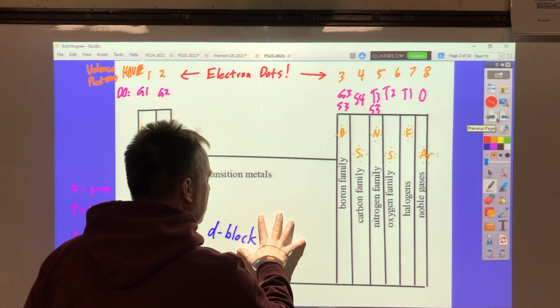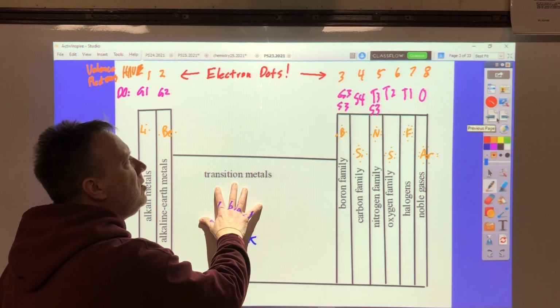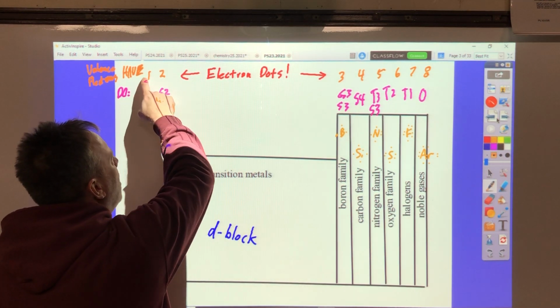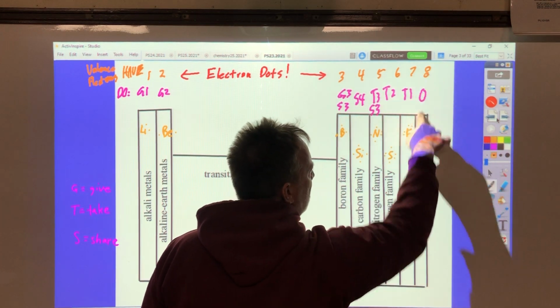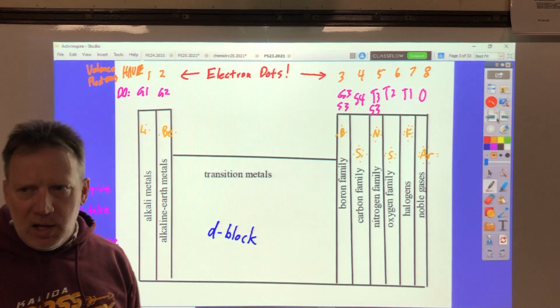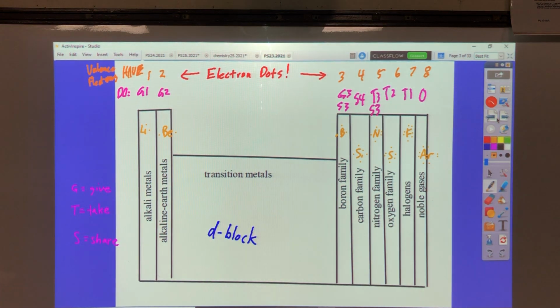And the pattern is, we don't need to worry about the transition metals, probably this chapter. 1, 2, 3, 4, 5, 6, and 7. And you don't need to worry about the 8th one because they don't make compounds because they don't react. So 1 through 7.